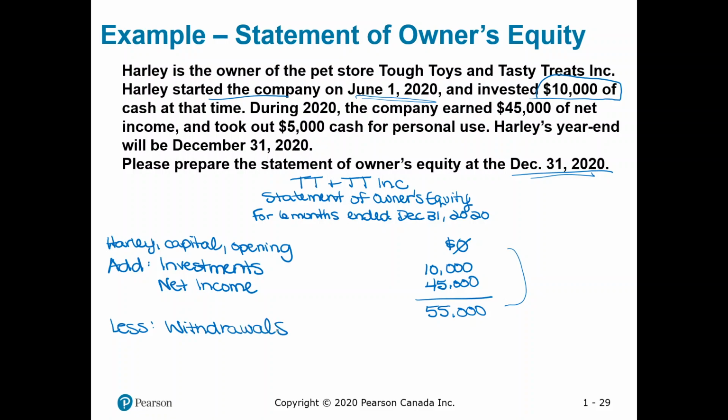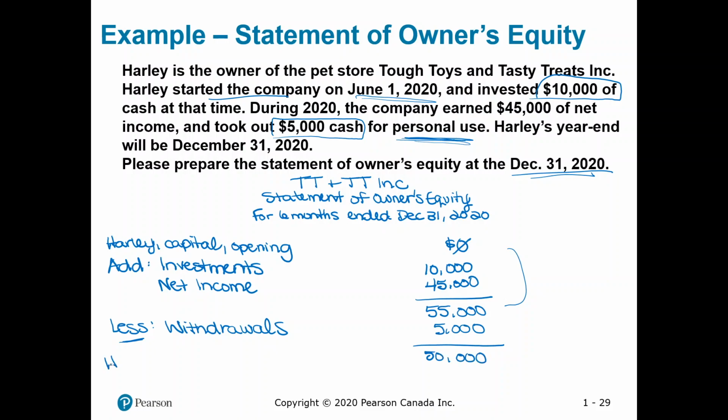Less our withdrawals, which as you can see up here, Harley took out $5,000 of cash for personal use. Even though it's her business, as I said before, we keep the accounting of your personal and the business separate. So if she's taking this out for personal use, that is a withdrawal that needs to be recorded here. $5,000. Because we've said less, we need to subtract that. So 55,000 minus 5,000 gets us to $50,000.